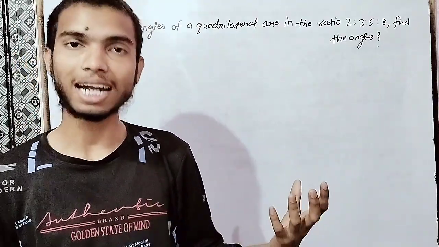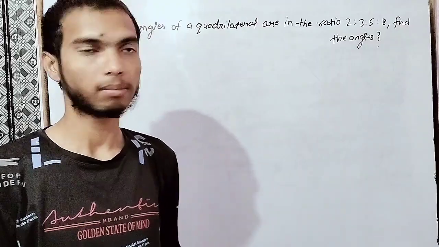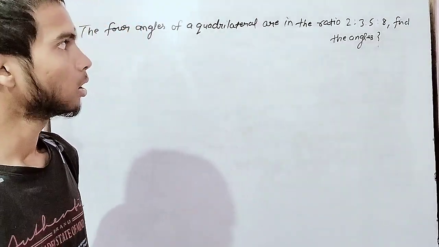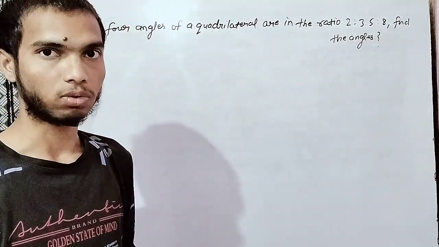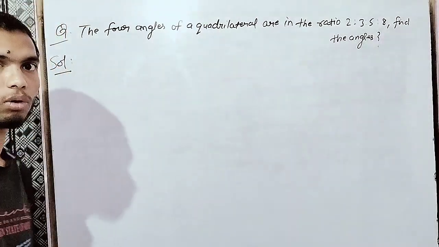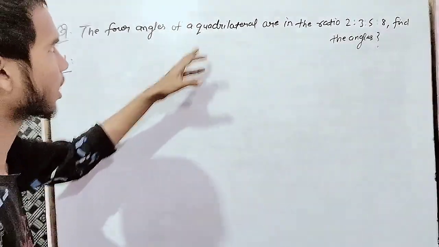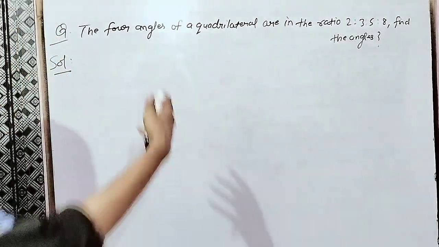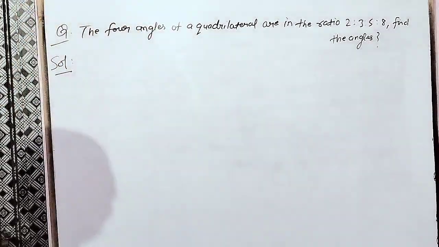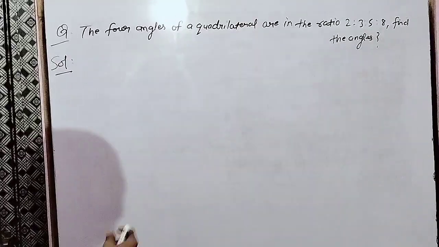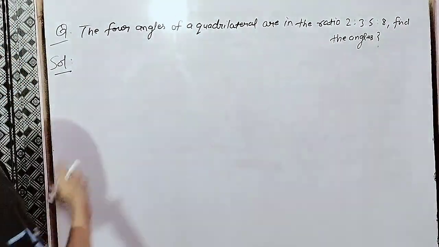We don't have the exact values of the angles, so find the exact values. If you are able to, you can draw a figure of this quadrilateral.